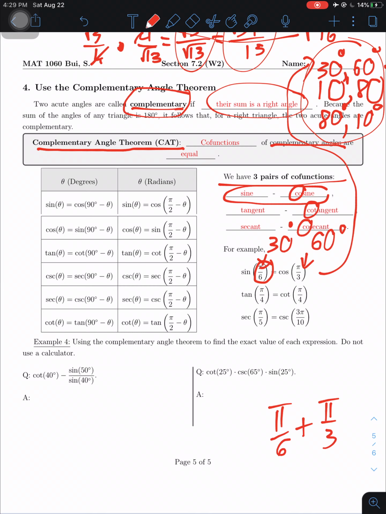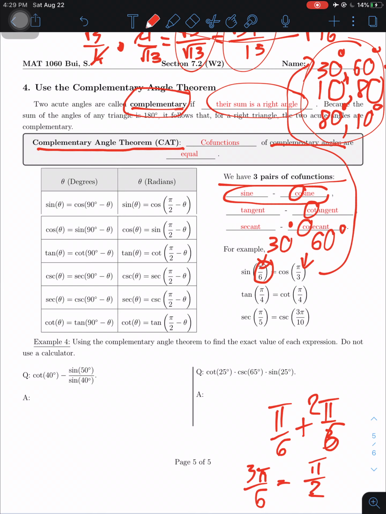If you want a common denominator, you multiply the second fraction by 2. So then this one will be 6, and we get 3 pi over 6, which is pi over 2. And if you remember, pi over 2 is 90 degrees. So they mean the same thing, just different representations.